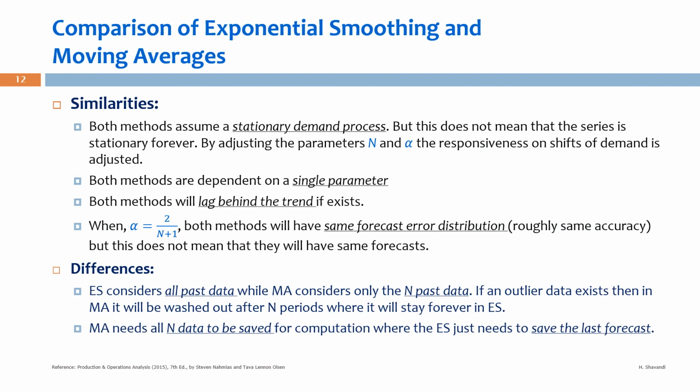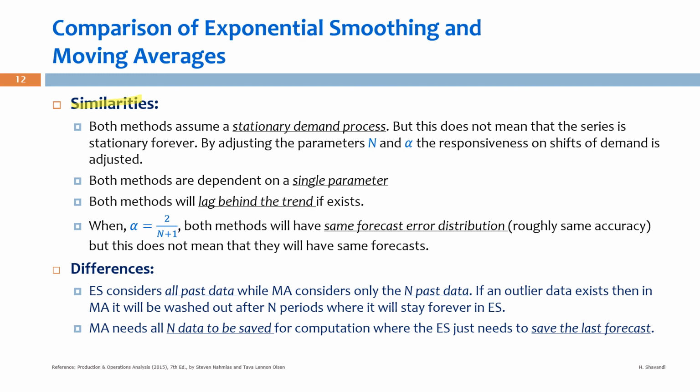So let's compare the two methods of exponential smoothing and moving average. The similarities: both methods are used in the case of a stationary demand process, but it doesn't mean that the demand or the series is stationary forever. By adjusting n and alpha, we can adjust our response to shifts in demand in the future.